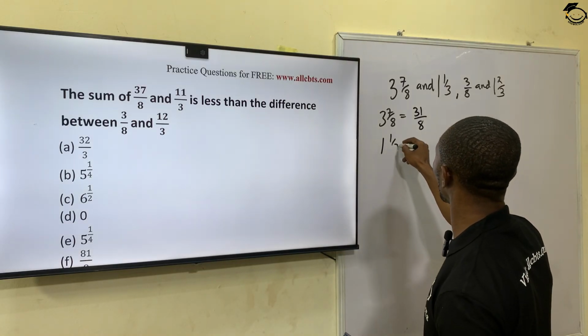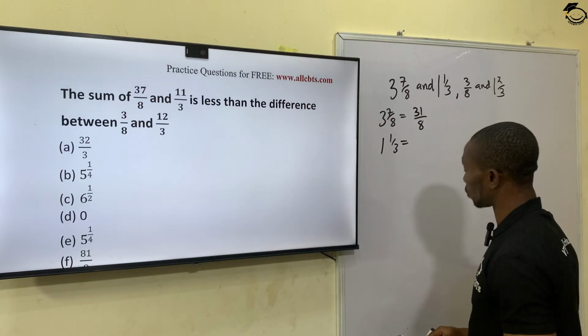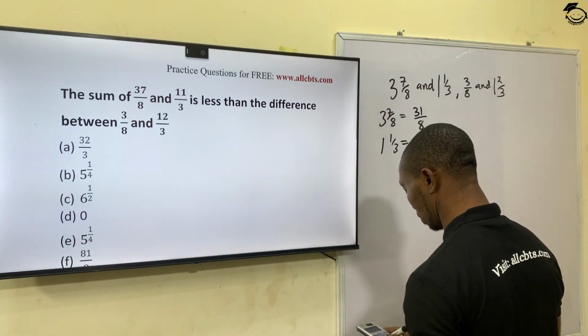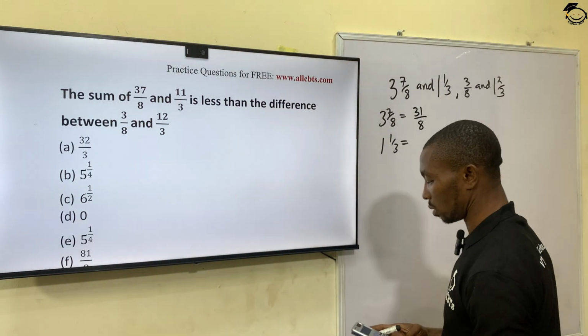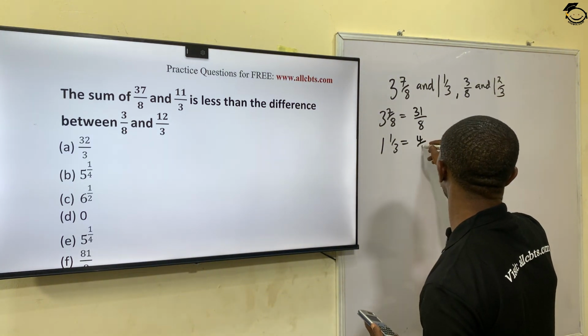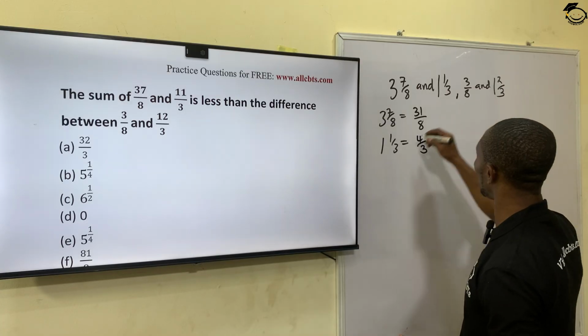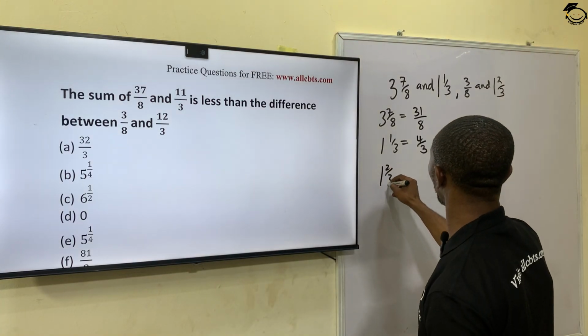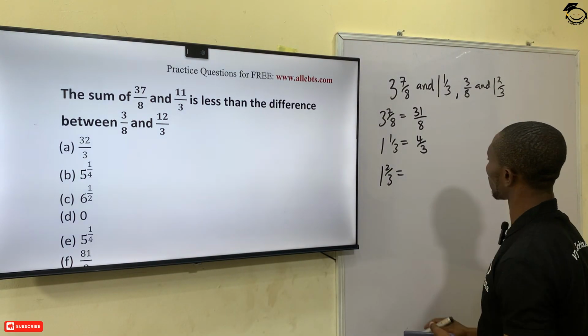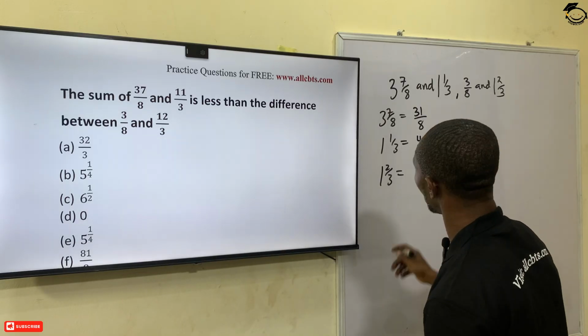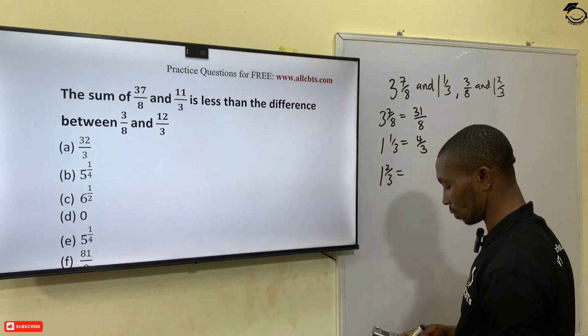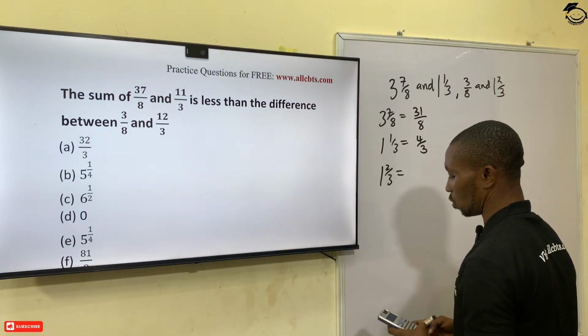And 1 whole number 1/3, when converted to an improper fraction, gives us 1 times 3 plus 1, which is 4/3. For this other one, 1 whole number 2/3, when converted to an improper fraction, gives us 3 times 1 plus 2, which is 5/3.